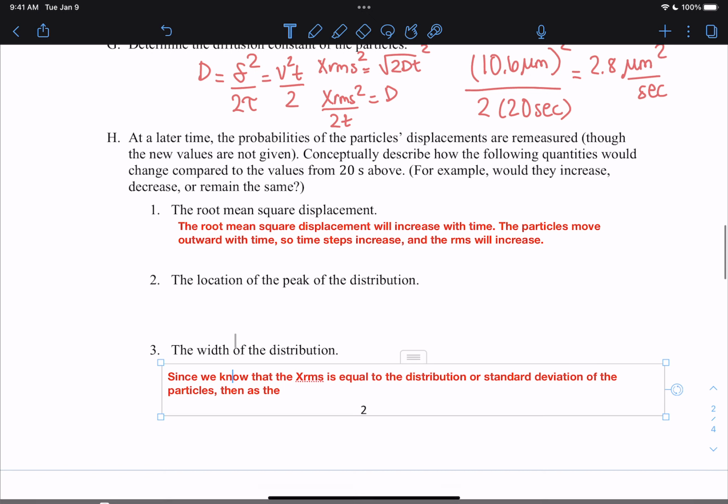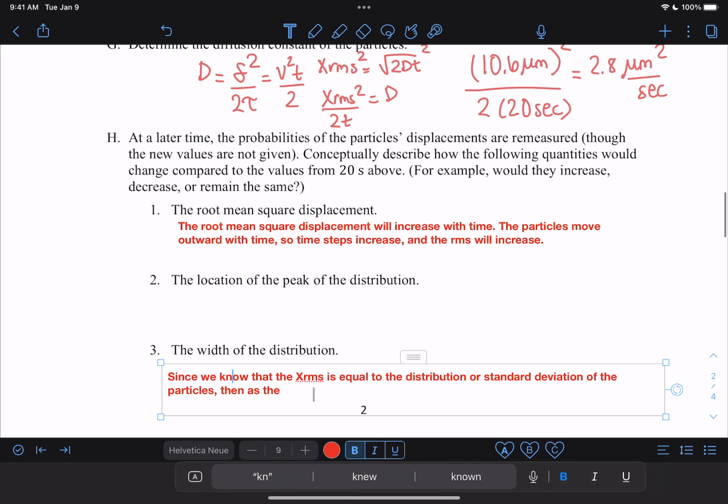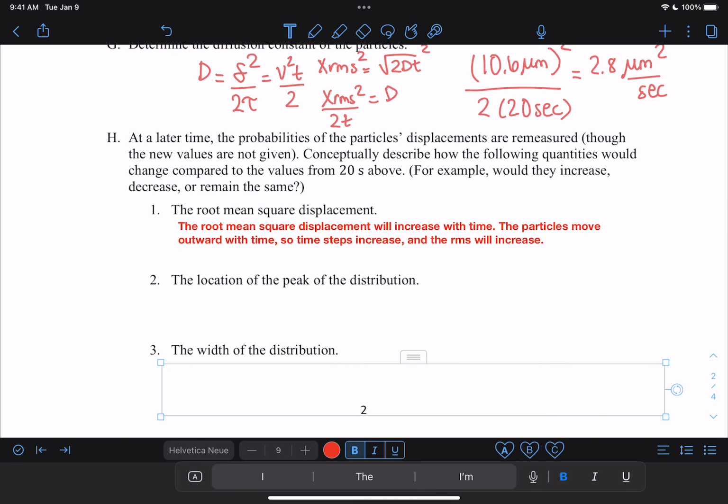But for this part as well, the width of distributions, we know that... well, let me edit this part because I already kind of said it in the context of the first one. For the width of the distribution, as time progresses, more particles will move outward, and so the RMS will increase.